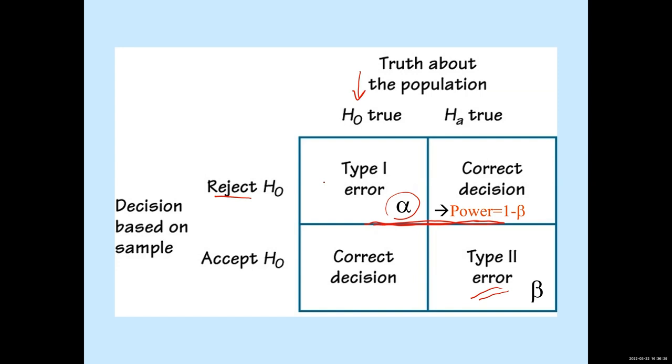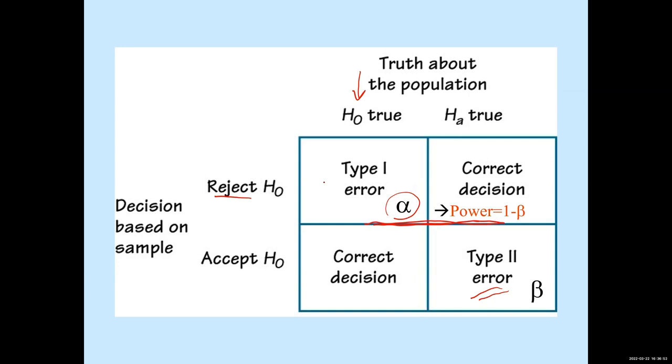Another example is in our judicial system. Here in the United States, our null hypothesis is that the defendant is innocent unless proven guilty, right? So the null hypothesis is that the person is innocent. If the person really is innocent, but they're convicted, then that's a type 1 error, a wrongful conviction.